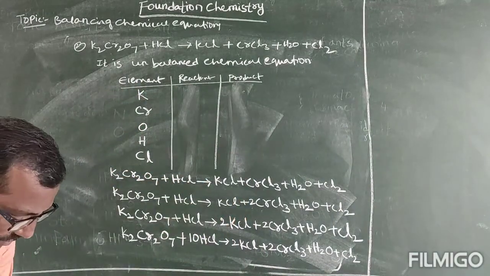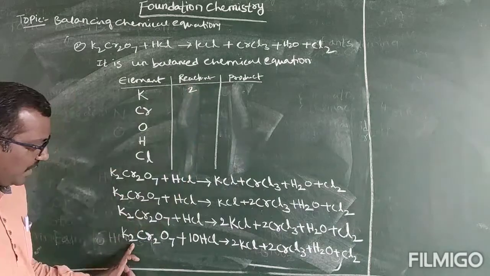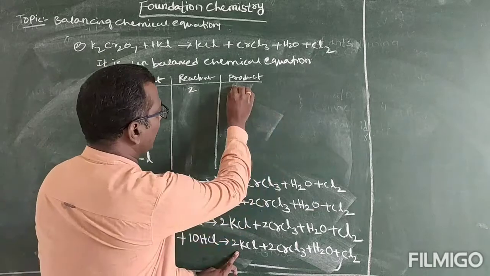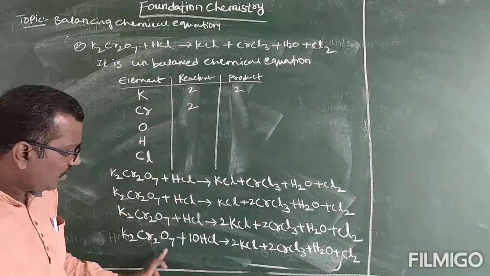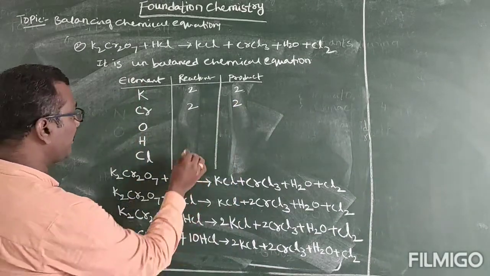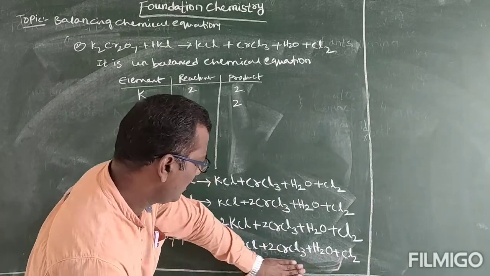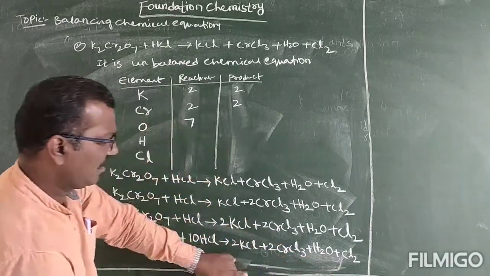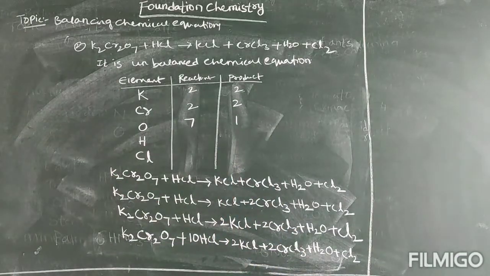So first again I have to balance the reactant and product side. So once we will check it. Potassium 2 on reactant side, product side also 2. Chromium 2 and here also 2. Oxygens, here it is 7 and here it is 1. Okay.